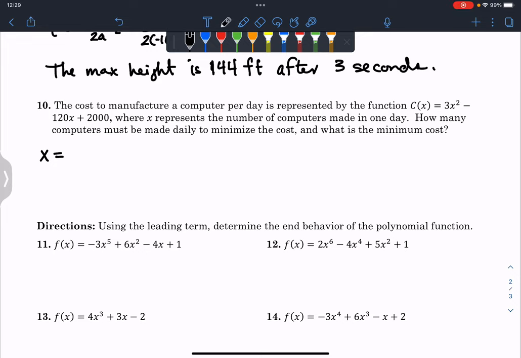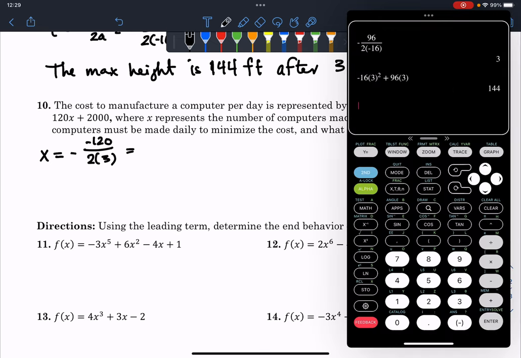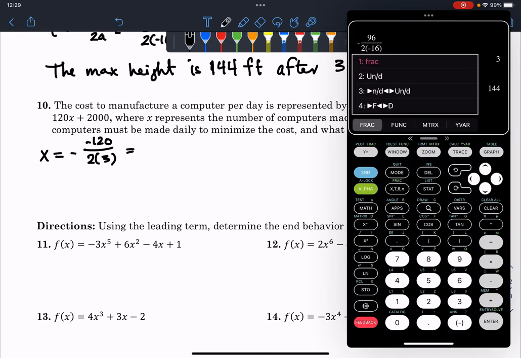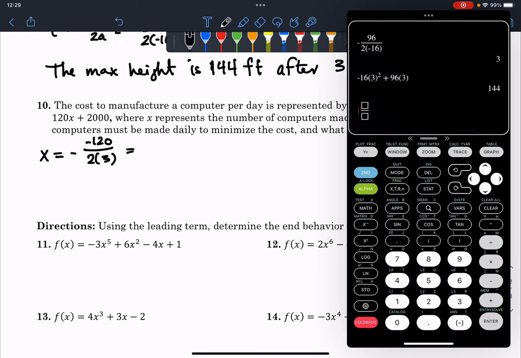So our b here would be negative 120, and 2 times positive 3, which is equal to 20.